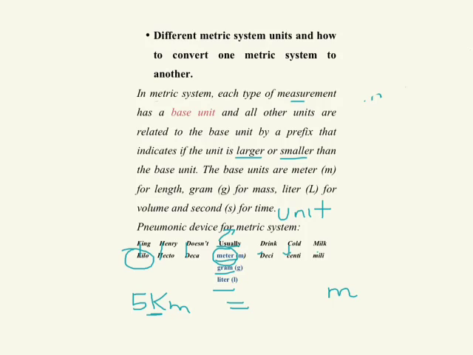From kilo to meters, you're going in a forward direction, making 3 jumps. 3 jumps in the forward direction means multiplying by 1000, because from here to here is multiplied by 10, from here to here multiply by 10, from here to here multiply by 10. So 5 kilometers equals 5, and then you put 3 zeros, 5000 meters.